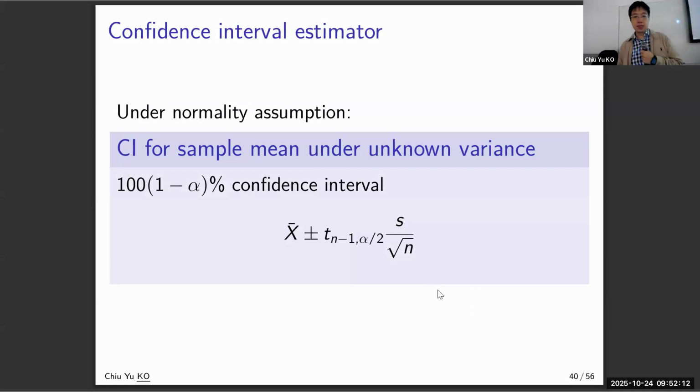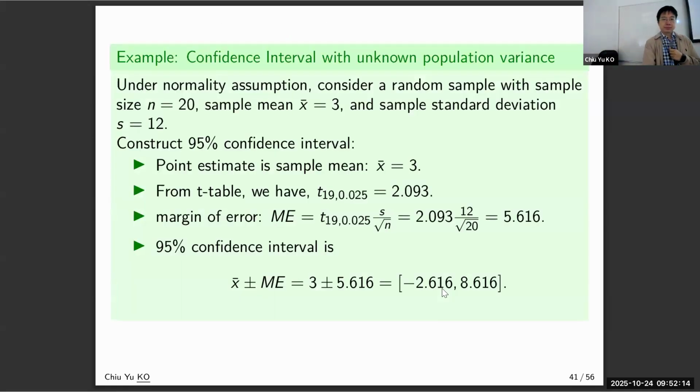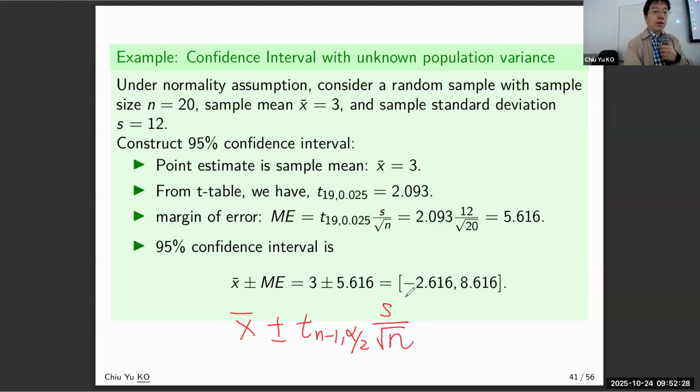So now, let's see the example again. Just to remind you the formula here: plus minus t with n minus 1, alpha over 2, times S over root n. X bar is 3, so it's 3 here.